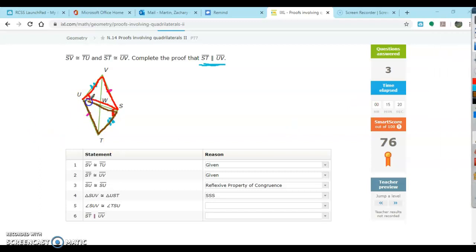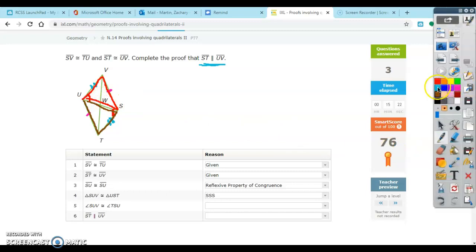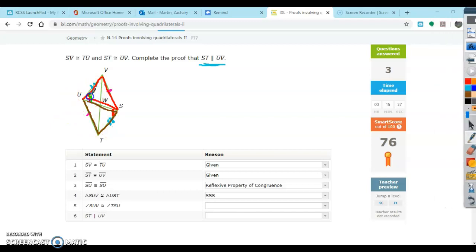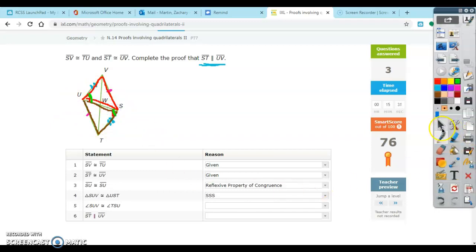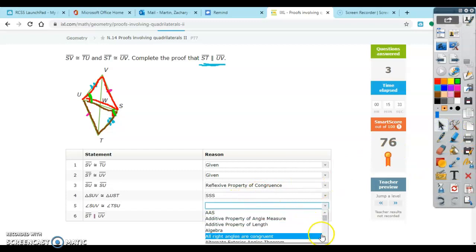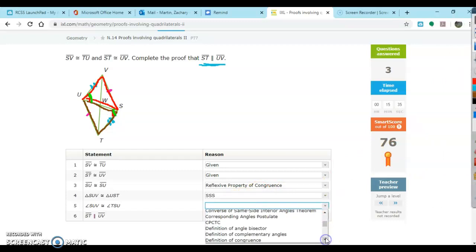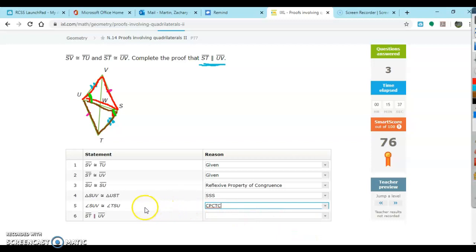So we've proven those triangles congruent, and now what are we saying? We're saying this angle here is congruent to this angle here. Why? CPCTC. 9 times out of 10, you're going to follow up one of your triangle congruence theorems with a CPCTC so that you can use that information to prove these, in this case, these lines to be parallel.